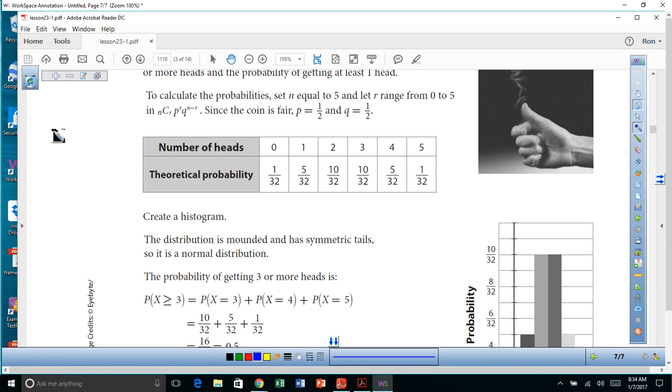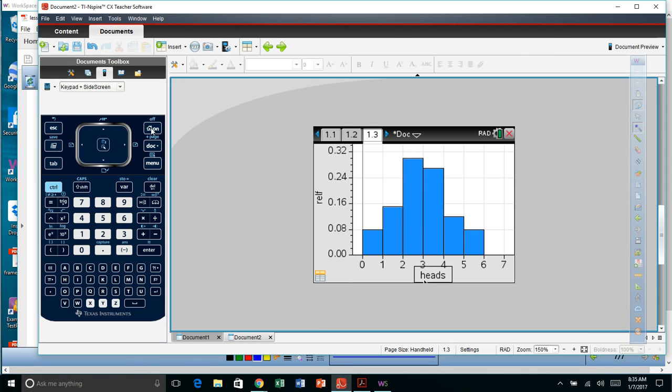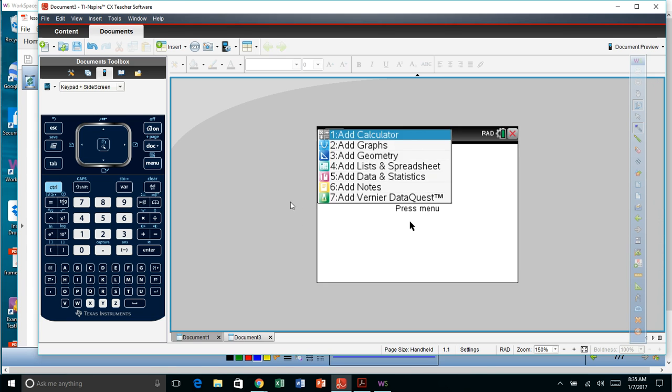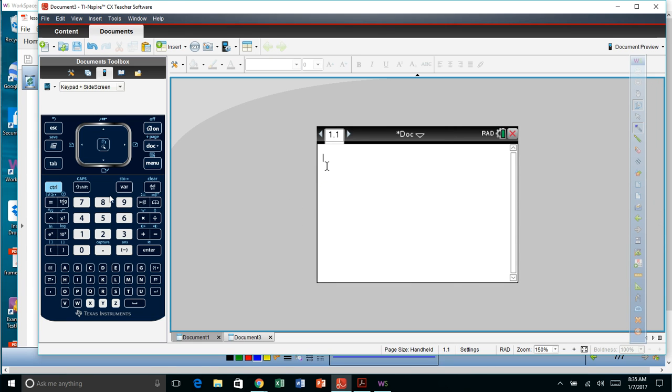All right, so we have 5 C 0 times 1/2 to the 0 times 1/2 to the 5. That's this one here. Okay, and we'll go to our calculator, new document, calculator.